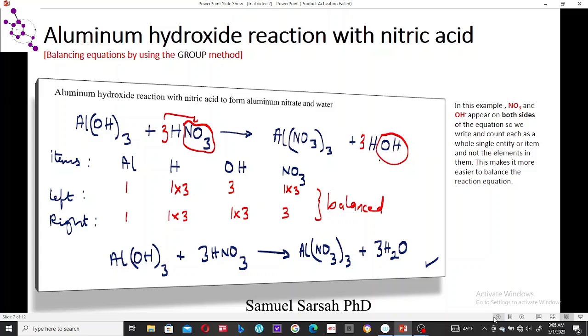That will make the reaction much easier to balance. In that case, you have OH to group as an entity left and right. So here our groups OH and NO3 appear on both the left and the right side, which makes it easier to use the group method to balance the reaction.